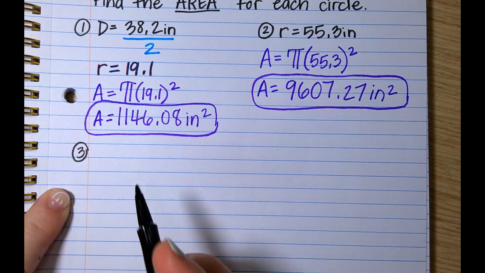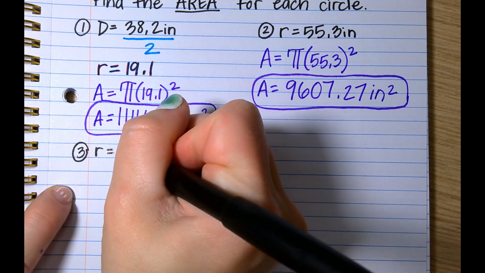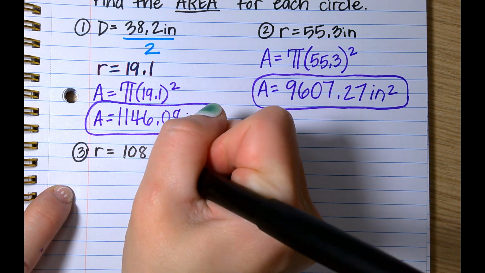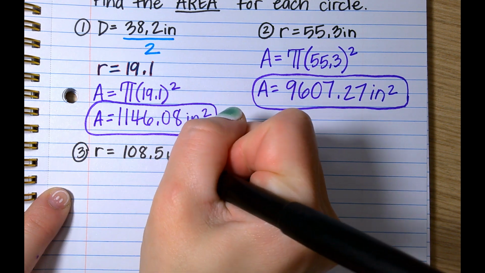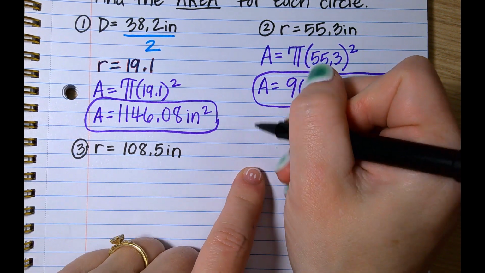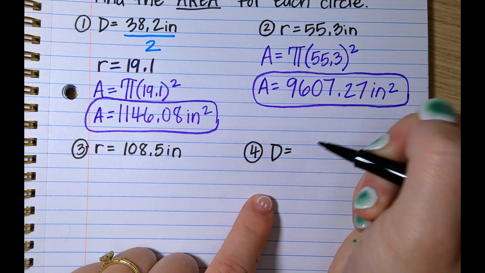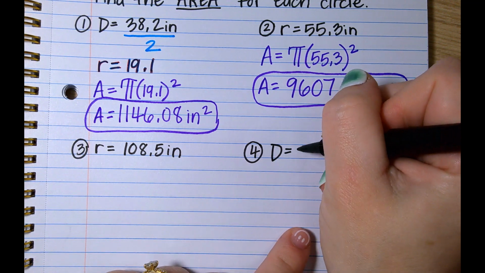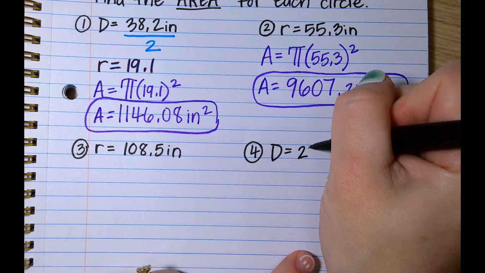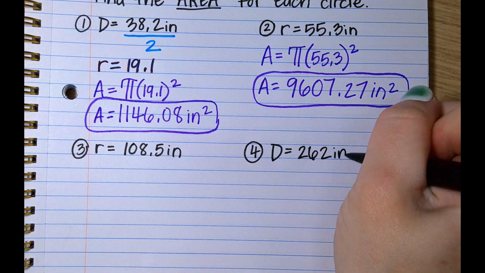But let's see, for number 3, I'm going to give you a radius of 108.5 inches. Number 4, a diameter of 262 inches.